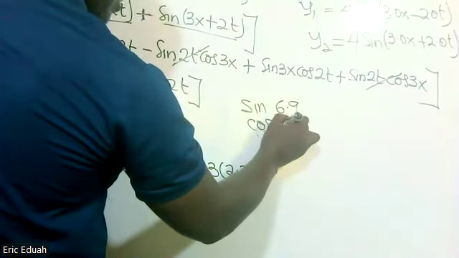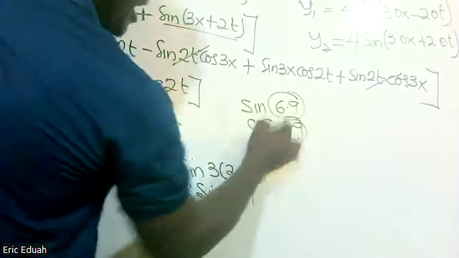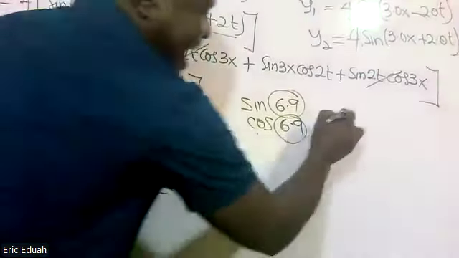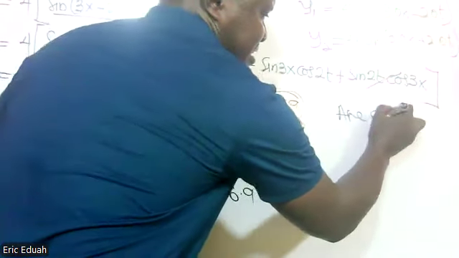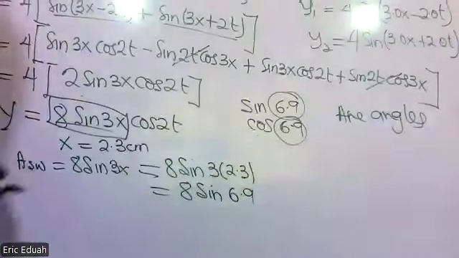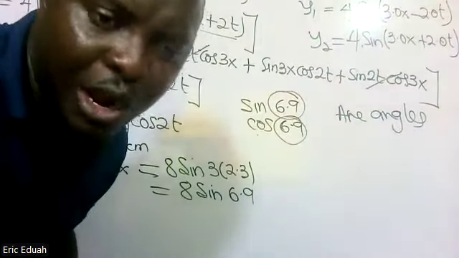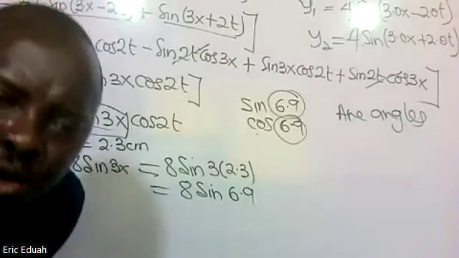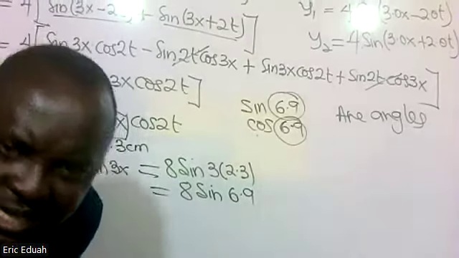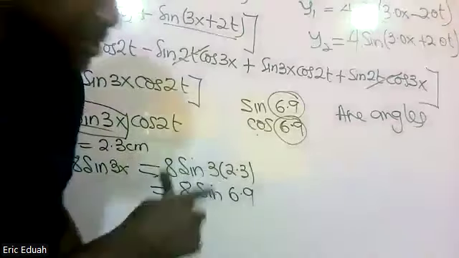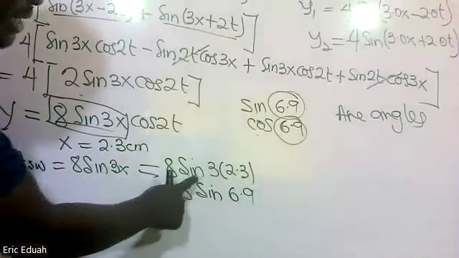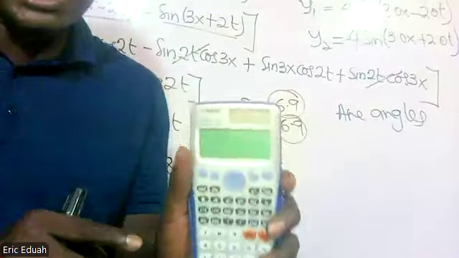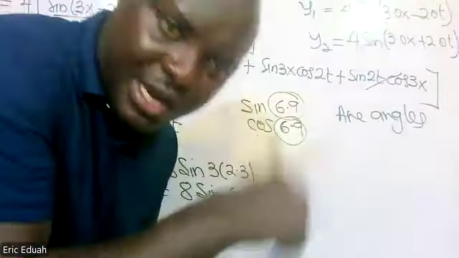These values before sine and cosine are angles. Numbers before sine and cosine in simple harmonic motion are angles. And the SI unit of angular displacement is the radian. So when you are punching 8 times sine 6.9 or cos 6.9, you need to set your calculator angular measurement in radians.